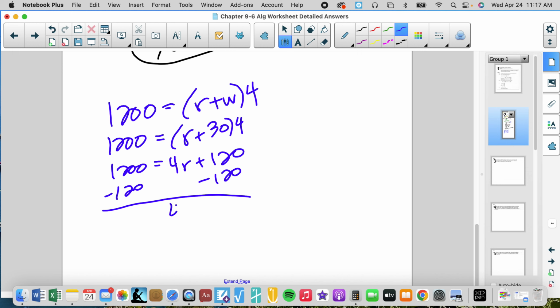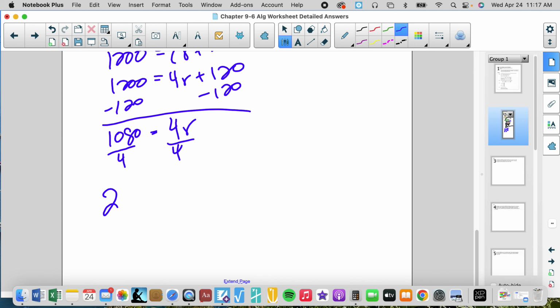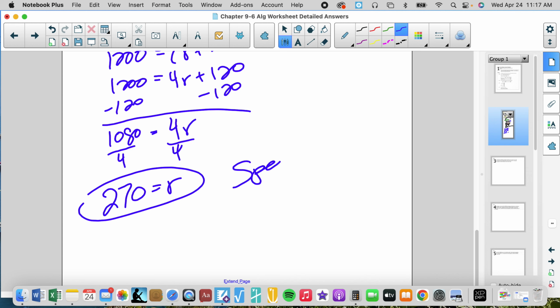And that's going to give us 4R equals 1080. Divide by 4. And we get 270 equals the rate.